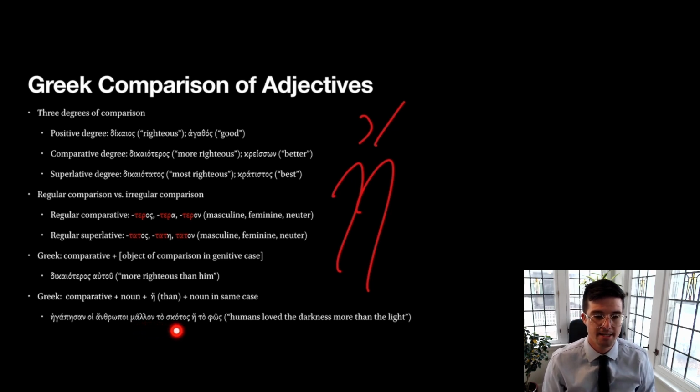Ta skatos, e ta phos. Notice how ta skatos and ta phos are both in the same case here. They're both accusative, neuter singular. So the humans loved the darkness more than the light. This is the second way that Greek will make a comparative clause, by having the two things that are compared to one another directly connected by this little word e.